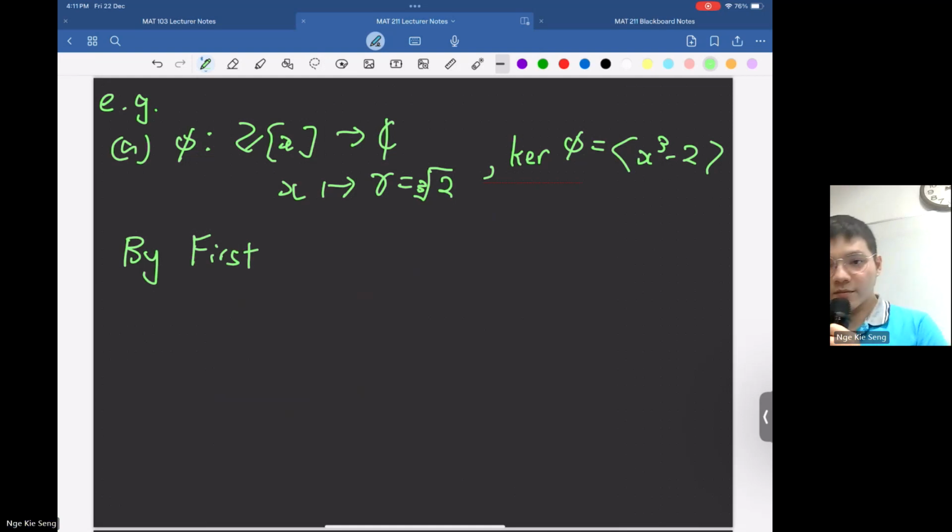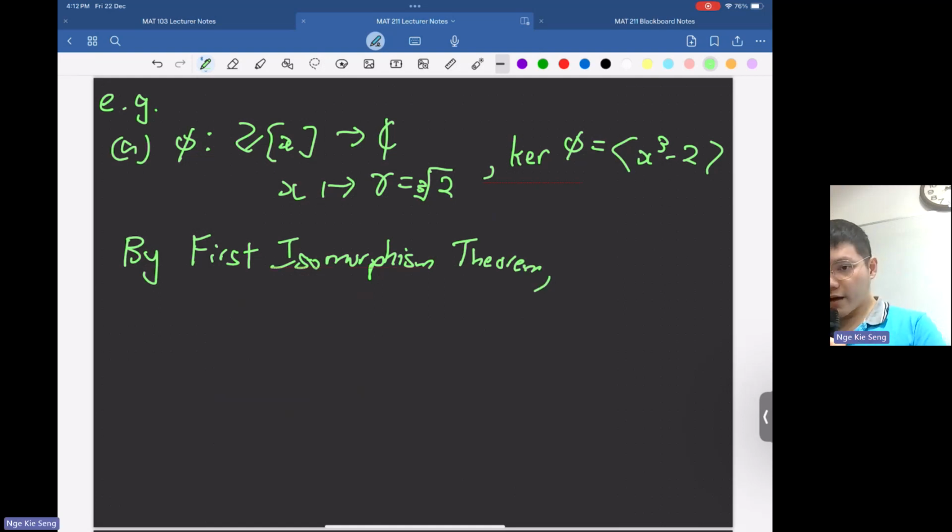This map, wow, let me see. I think I put something wrong here. Okay, never mind. So it's okay. So let's continue. So by the first isomorphism theorem, what do we have?